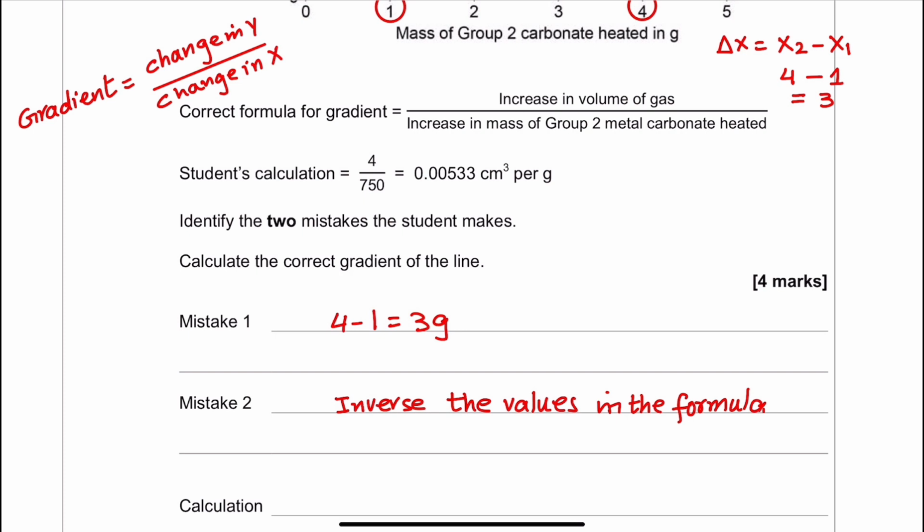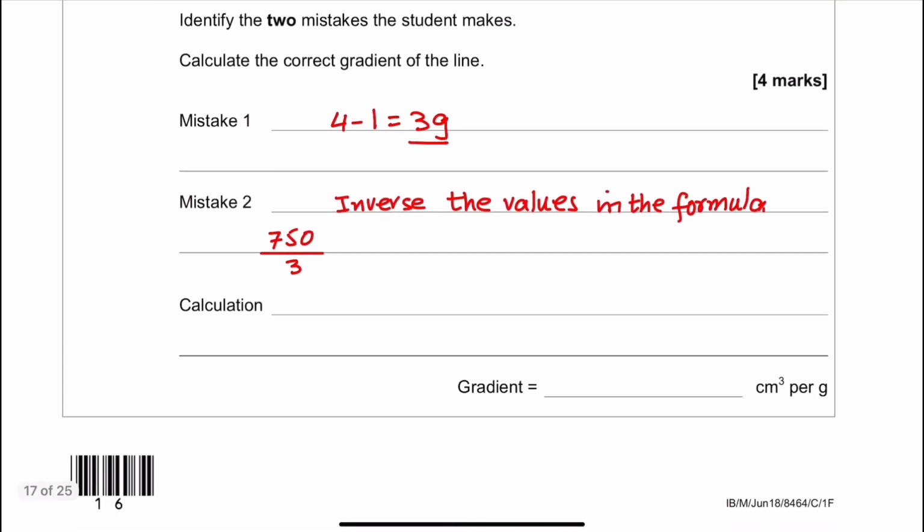It means that 750 must be in the numerator, and the change in x, which is actually 3, must be in the denominator. If I take these values, my values are 750 over 3, it is actually coming 250 cm cube per gram. My answer is 250.